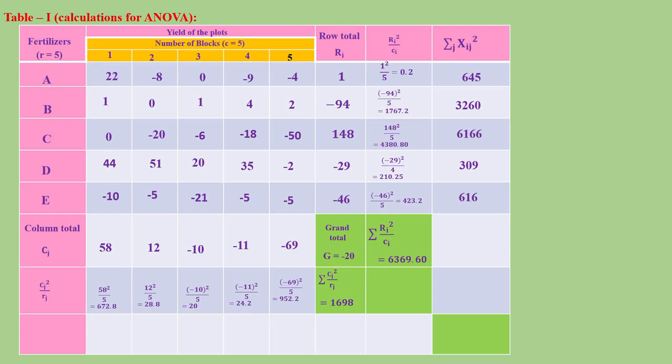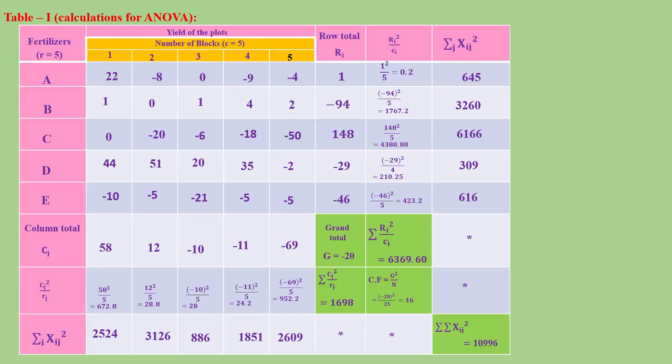Similarly for columns, the sum of squares: first column 2521, second 3126, third 886, fourth 1851, and fifth 2609. Then you have to find the total sum of squares, double summation xij square, that is equal to 10996.